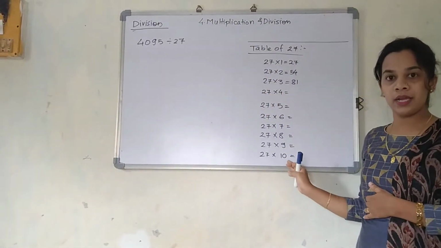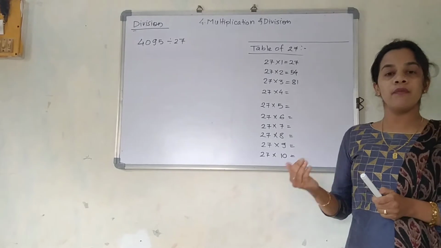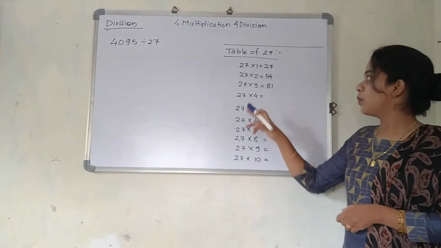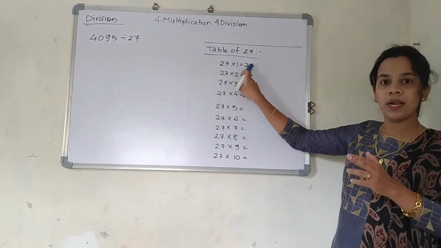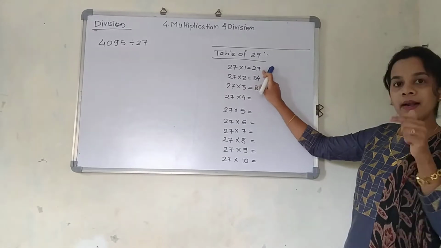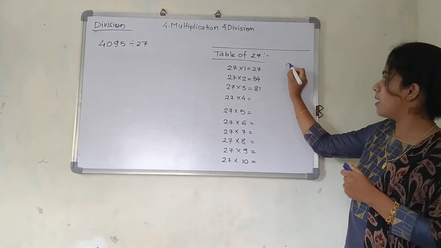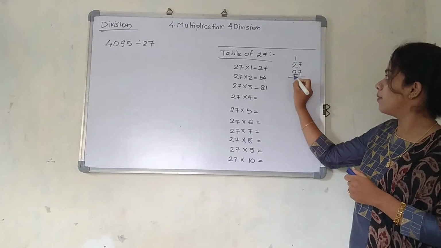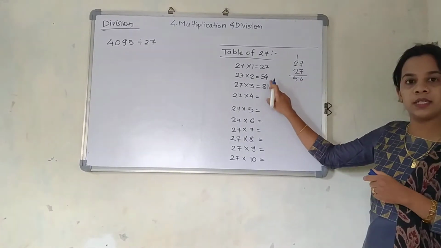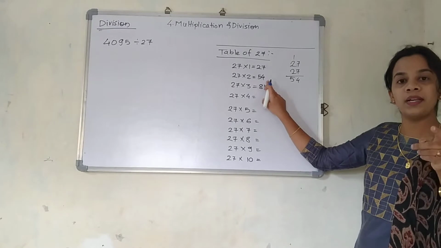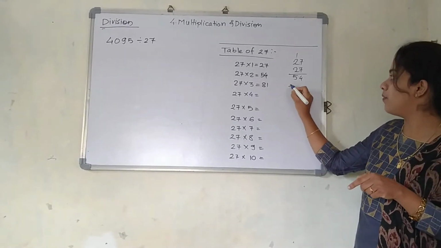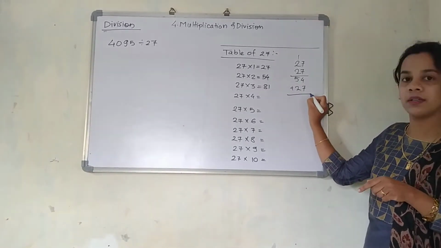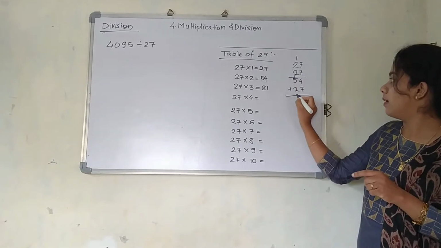Now how are we going to write the table? Just see. 27 ones are 27. To this 27, I added 27: 27 plus 27, I got 54. So 54 is the next number. For 27 threes, in this 54 I am going to add 27, so it will be 81.